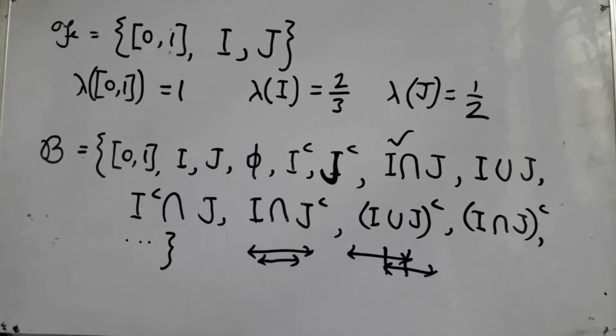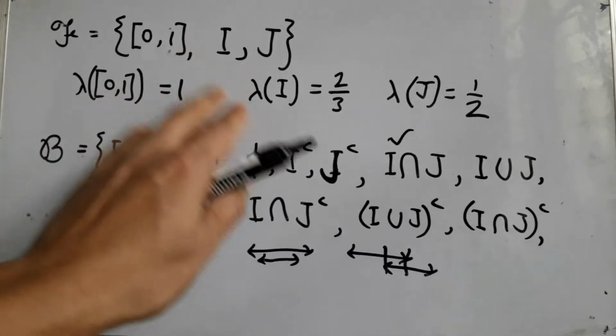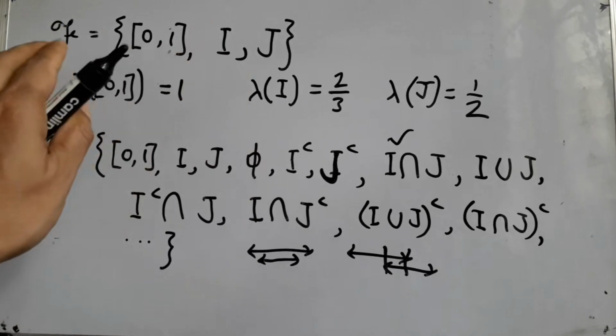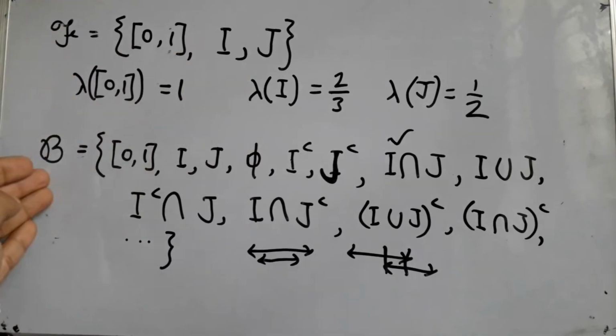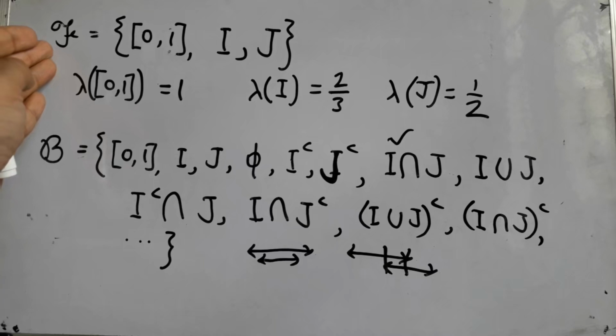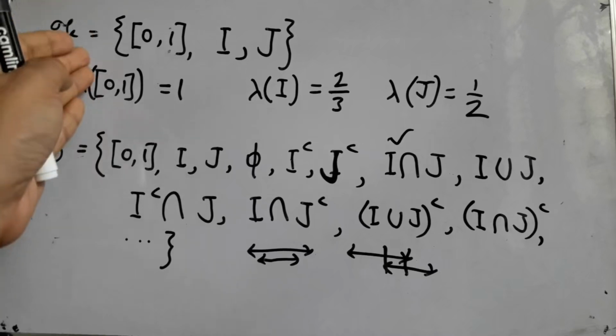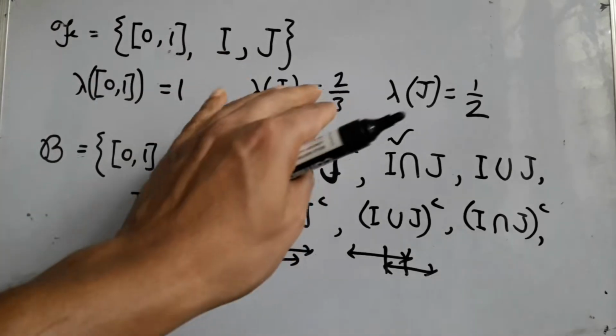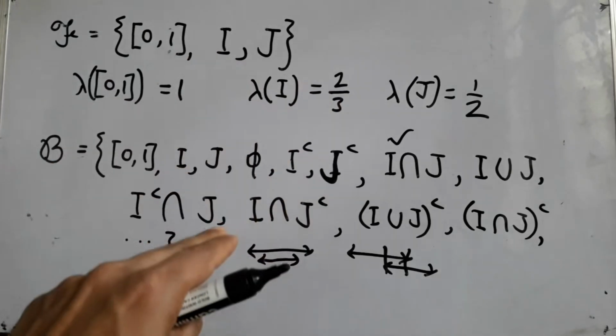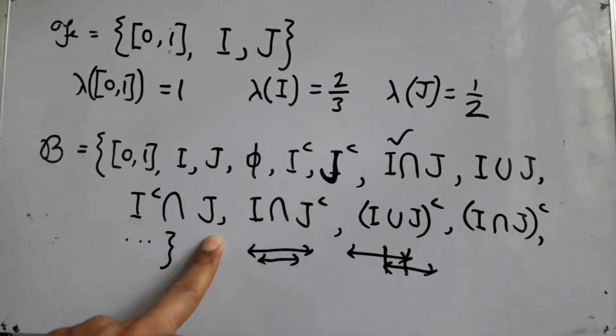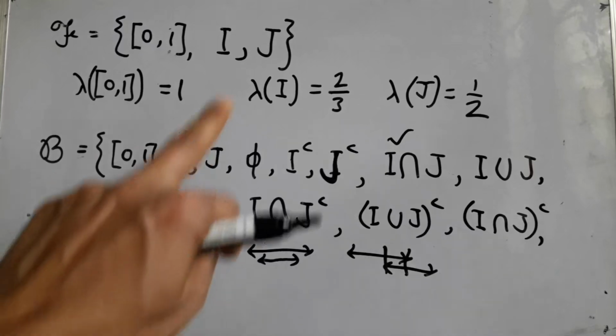So, you see, even for this toy example, we need some extra condition on script F. Just because I can manufacture all sets of script B from script F, that does not mean specification of length of elements of script F will immediately give you unique specification of length of elements of script B. We need that extra condition.